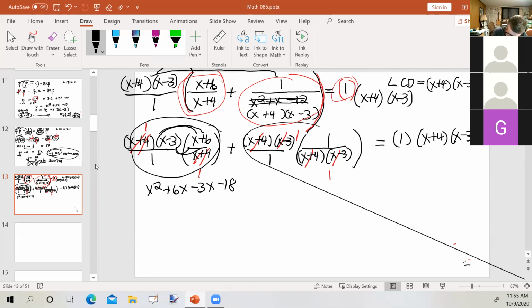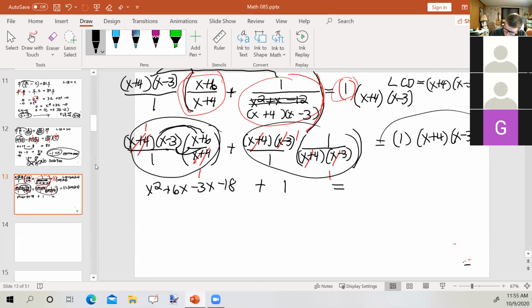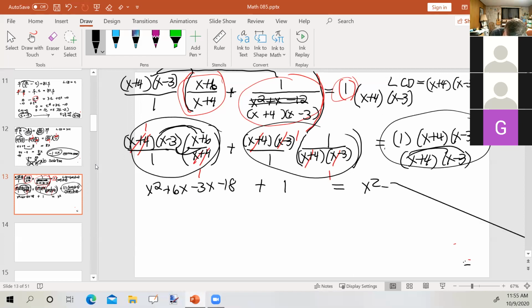And then all of this is going to be just plus 1 equals, over here, 1 times everything is going to be just the everything, right? So then I'm going to get x squared minus 3x plus 4x minus 12. Okay? Big long mess, but we've gotten rid of all the fractions. Any questions before we go on?